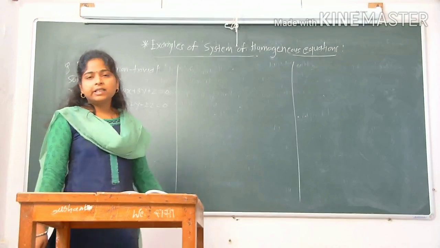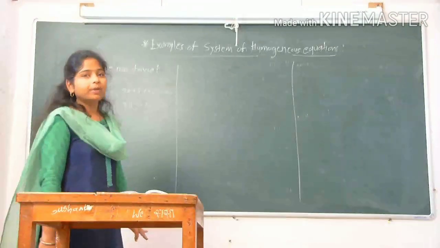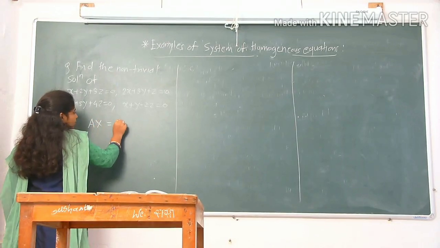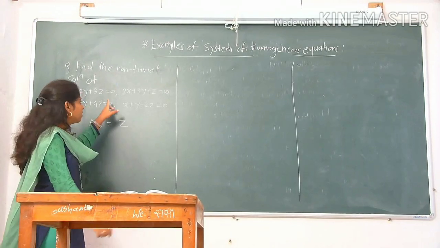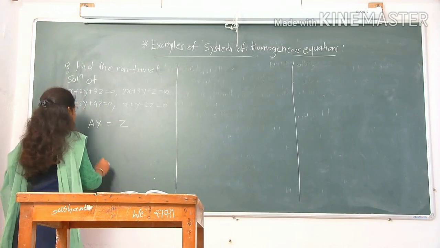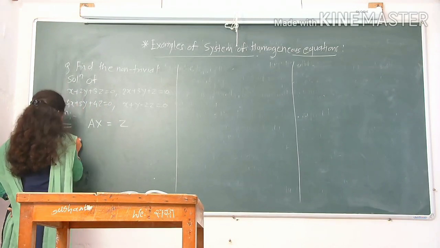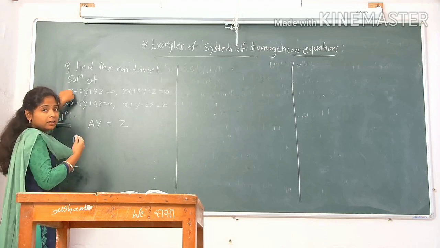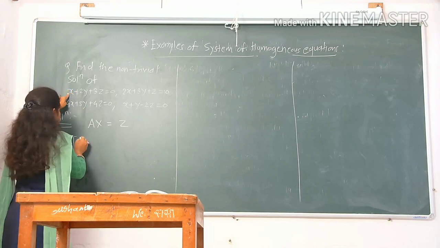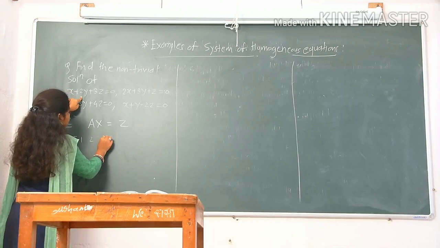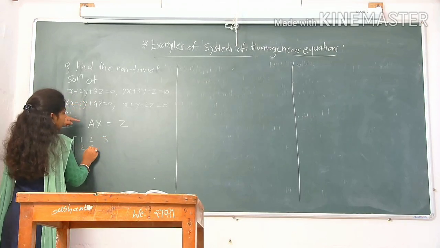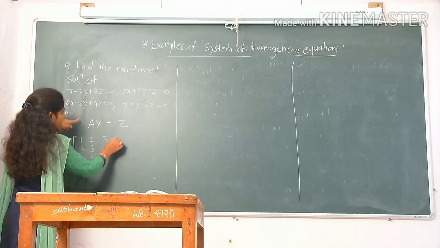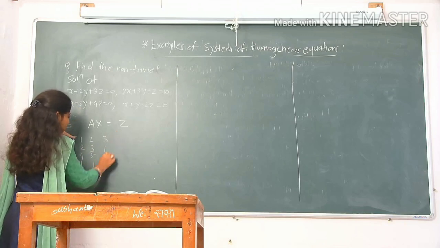First, we write this equation in the form of matrix, which is AX is equal to Z. Since we have here homogeneous equations, it can be written as: A means matrix of coefficients, that is 1, 2, 3, 2, 3, 1, 4, 5, 4 and 1, 1, minus 2.